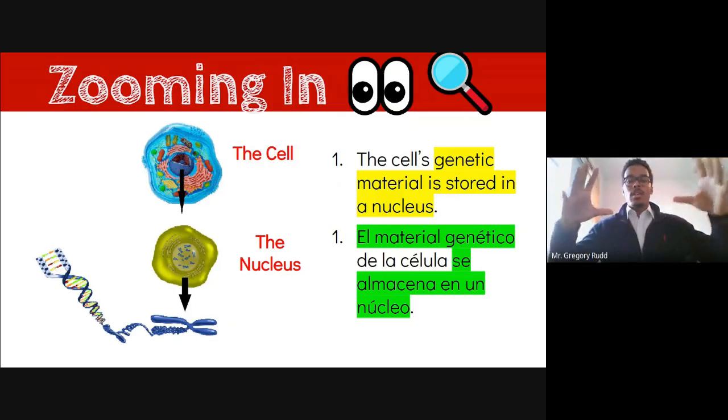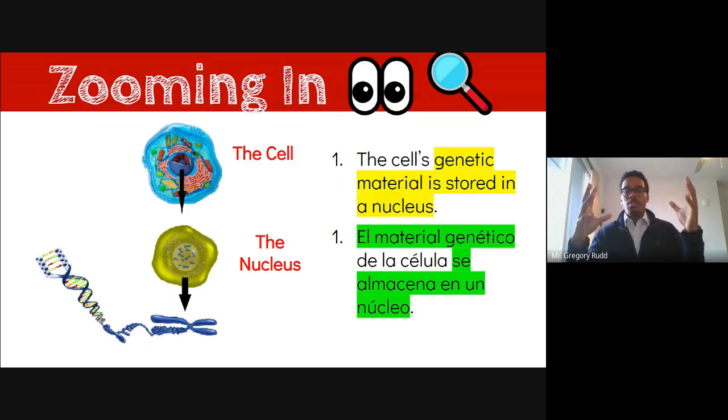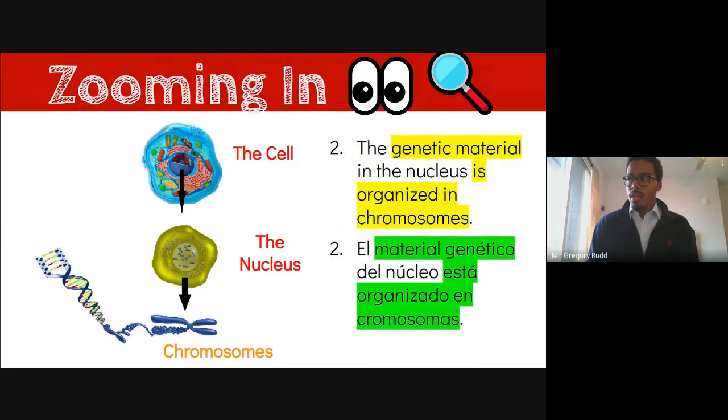So we're zooming in. We start off with just a eukaryotic cell. We zoom into the nucleus. That's where we would find the DNA. When we zoom in further and take a closer look at the DNA, we find that the genetic material is organized in chromosomes.